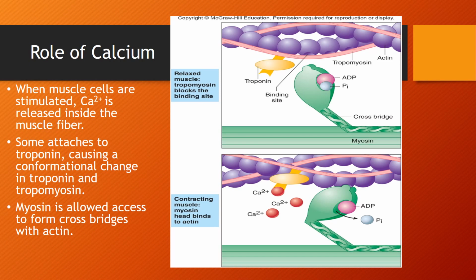So something needs to regulate the cross-bridge cycling so that the timing of the muscle contractions can be controlled. And so this is due to calcium ions that are released from the sarcoplasmic reticulum that regulate when cross-bridge cycles can occur. So in resting muscles, the myosin binding site on actin is blocked by a filamentous protein, which is the tropomyosin, okay?